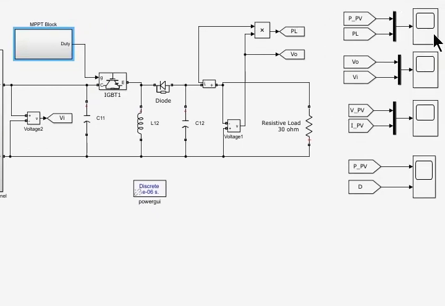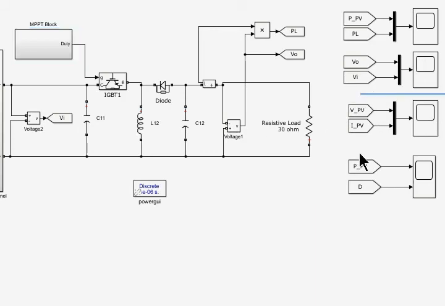So in this model we have plotted some important characteristics to analyze the model. First of all, we have plotted the power of the PV that was generated here and the power that was delivered to the load, so we will be comparing these both plots. Again, the input voltage and the output voltage of the boost converter are plotted here.